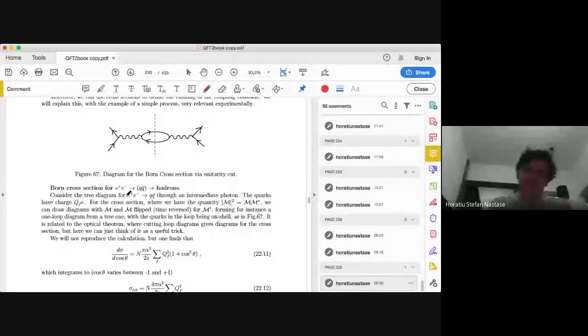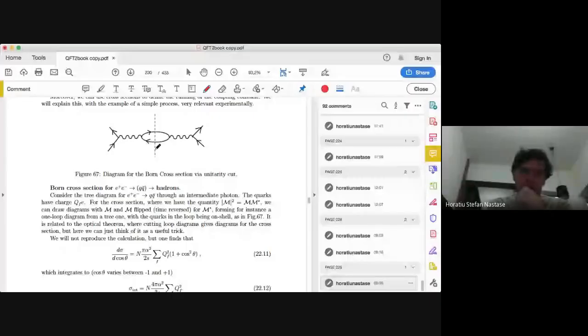But one can parameterize it. And to understand this, let's consider this process in the following way. Let's consider first just when we have Q Q bar in the final state.